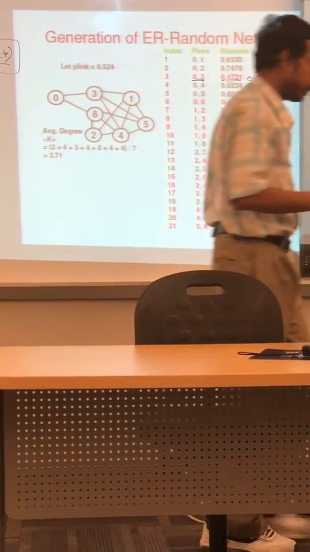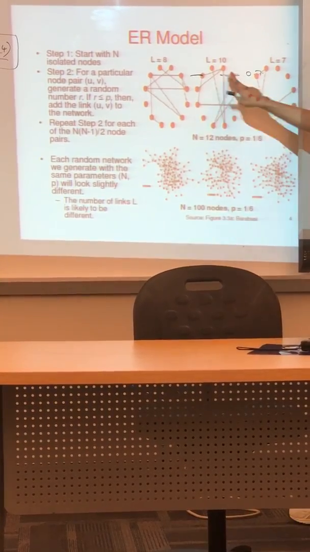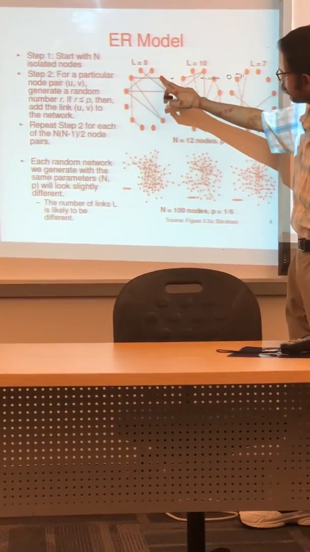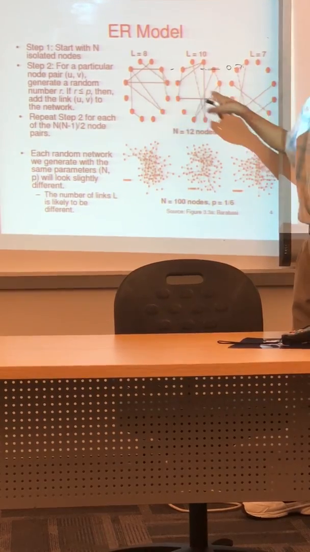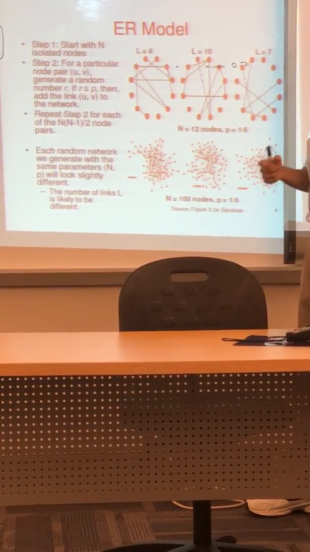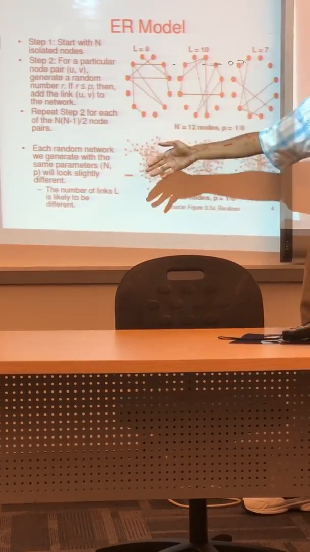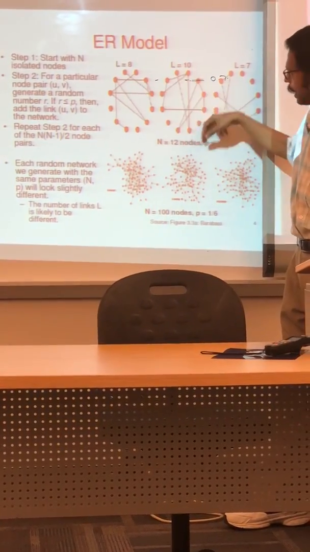So like I show here, this is a graph of some 10 vertices, 1, 2, 3, 4, 5, 6, yeah, not 12, okay? So same number of vertices, and the p-value is also the same. But each time I generate the random numbers for every pair, I would end up with this graph or this graph or this graph.